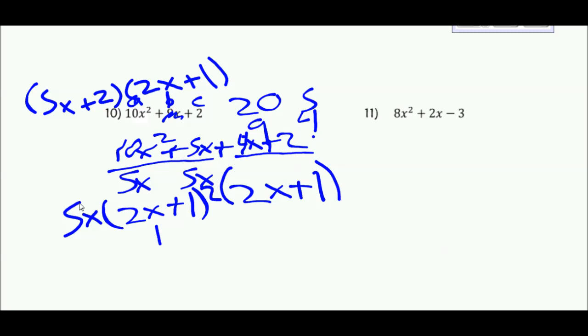Where the zero? So you like do 8 times C. You do 8x squared minus 4x.